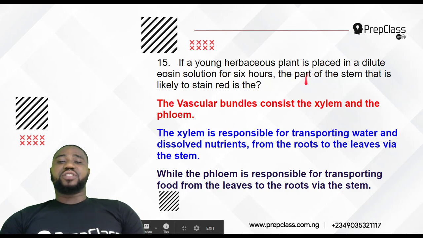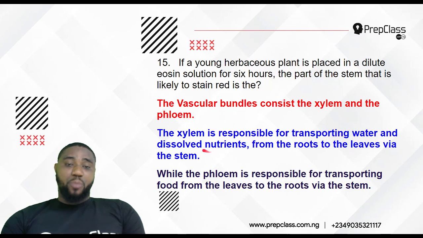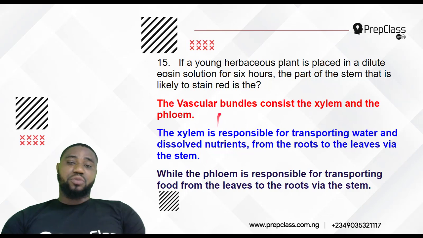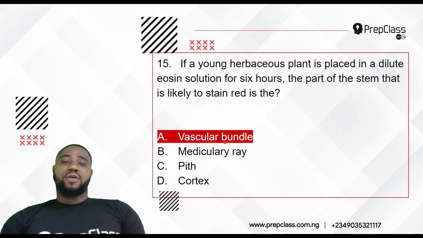So I believe that we've seen our answer. Vascular bundle, because it's made up of xylem and phloem. Xylem conducts water from the roots to the leaf. Phloem transports food from the leaves down to the roots. So the correct answer here is what?